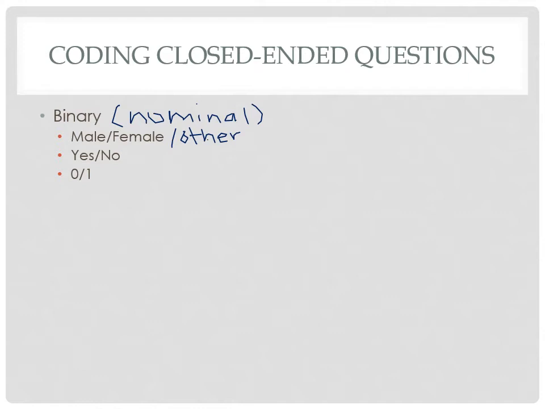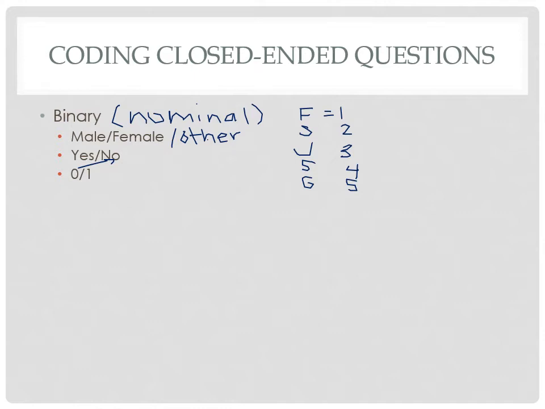Yes or no is often coded 0 for no and 1 for yes. If you ask people if they are a freshman, sophomore, junior, senior, grad student, then this might look like 1, 2, 3, 4, 5. So what we're doing here is we're just applying a number to their answer.